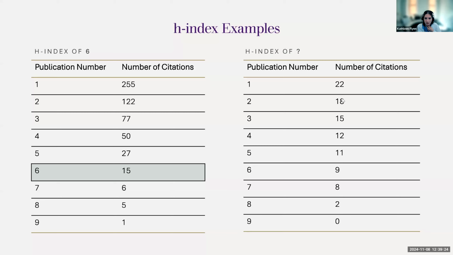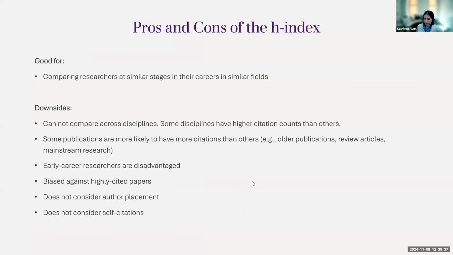So maybe for the person on the right, it would be weird to have hundreds of citations for an article. So again, it's not good to compare across disciplines. And the H-index also doesn't consider self-citations or things like author placement. In some fields, being the first author or the last author has significance.